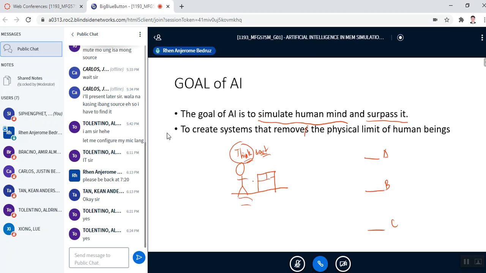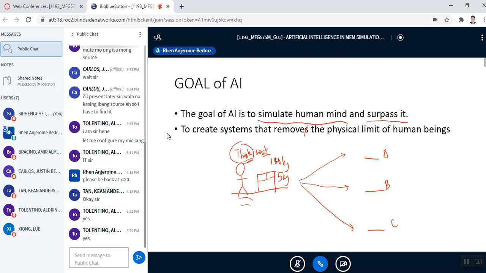For example, if this box is just 5 kilograms, that person could easily deliver it. But what if that box weighs 100 kilograms? An ordinary human being can't carry that.